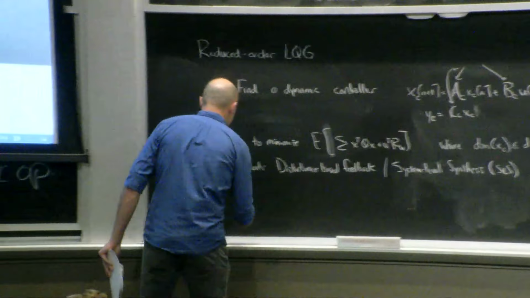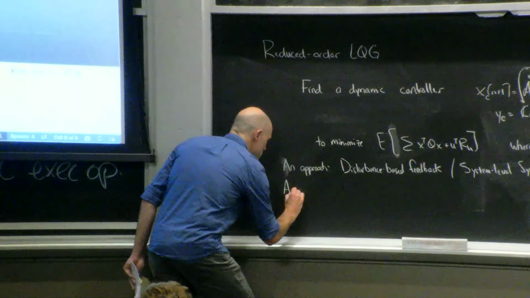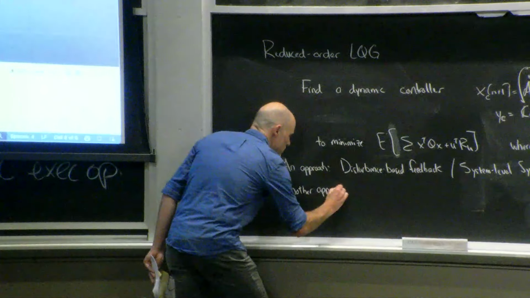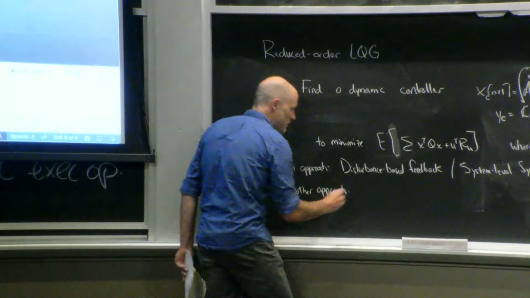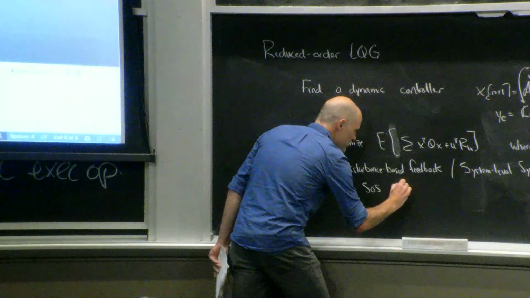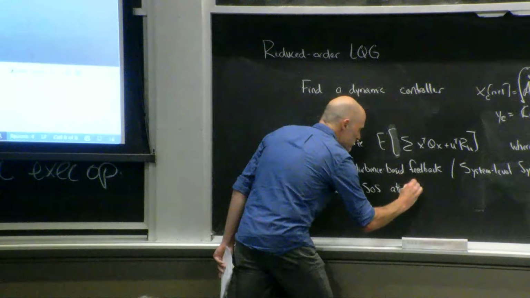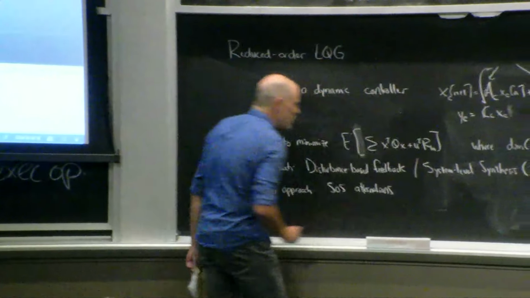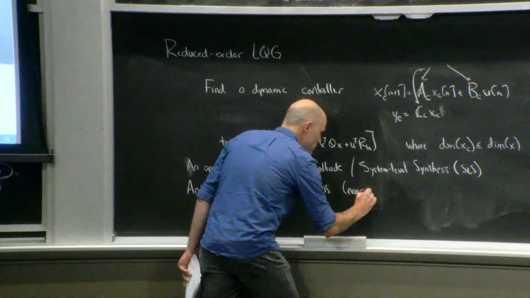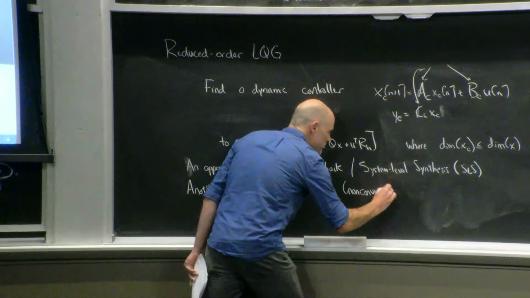Another approach would be to do sums of squares kind of alternations, which is a particular form of non-convex optimization.